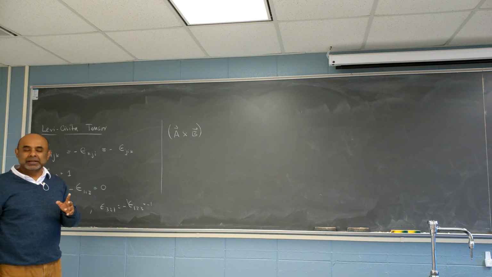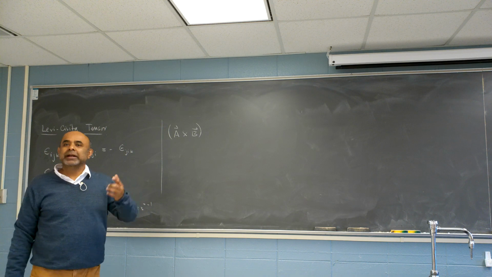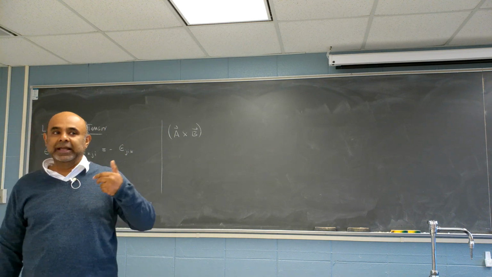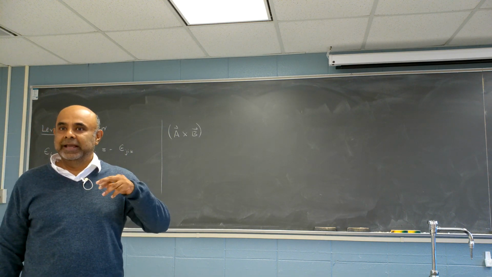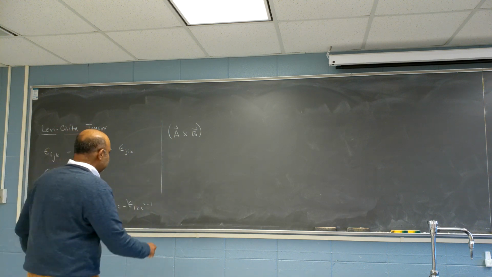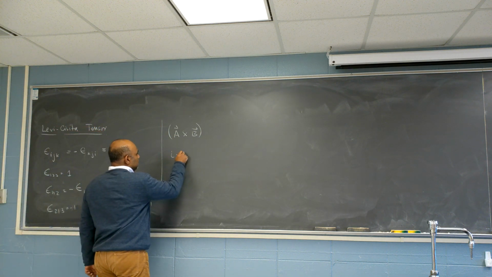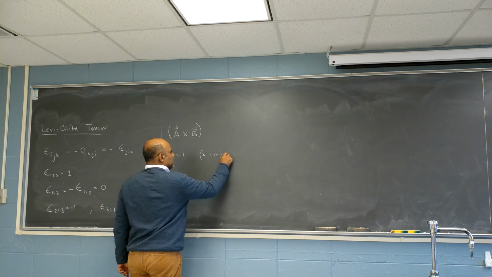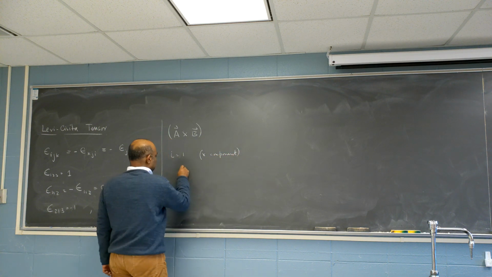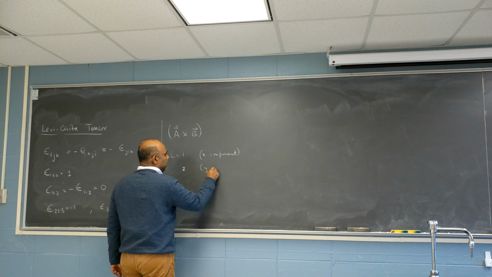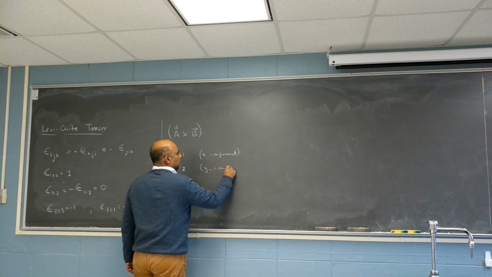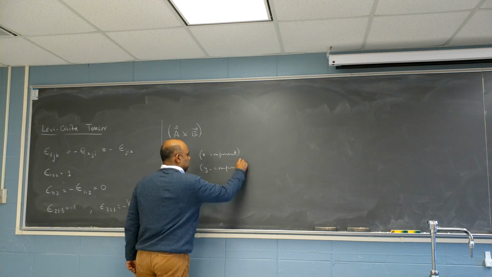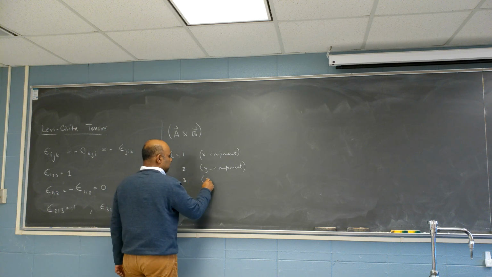What do I mean by ith component? When i equals 1, it's the x component. When i equals 2, it's the y component. And i equals 3, the z component.